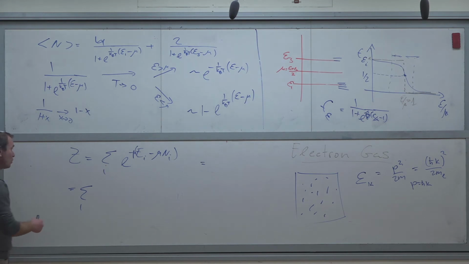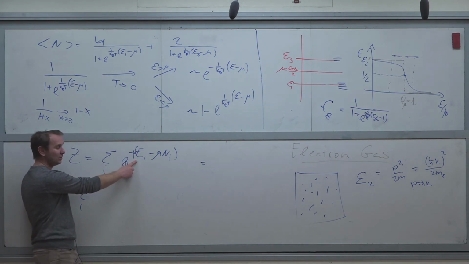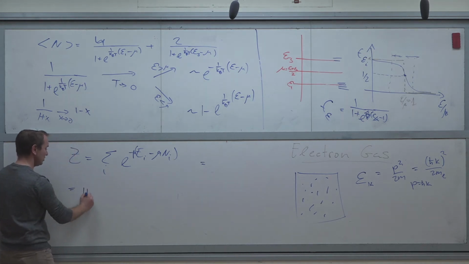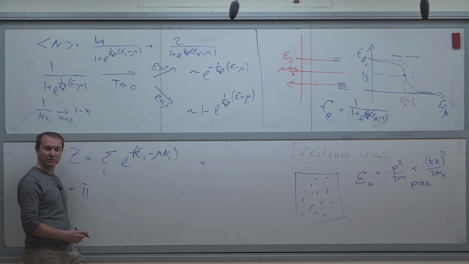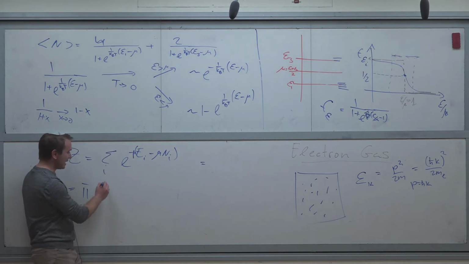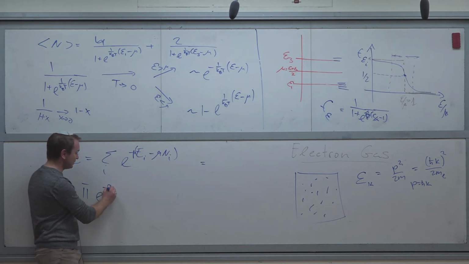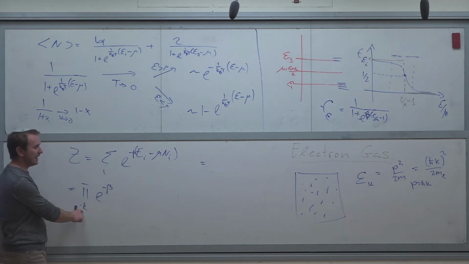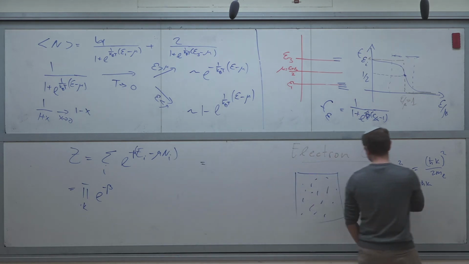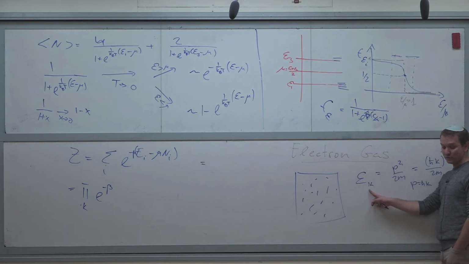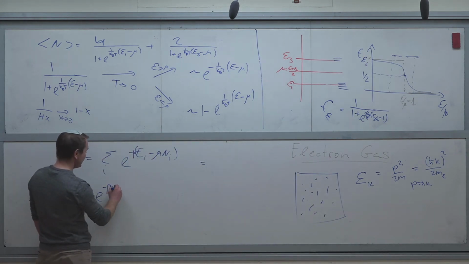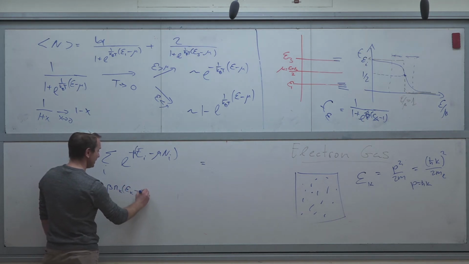So when we look at this, we can say it is actually a multiplication over all the different states k, of the sum over n_k of e to the power minus beta n_k (epsilon_k minus mu).